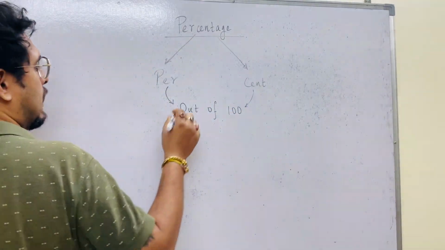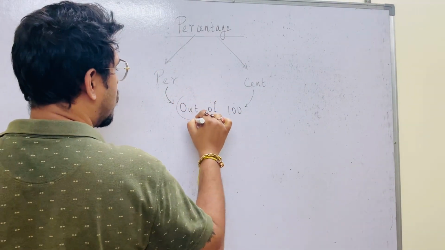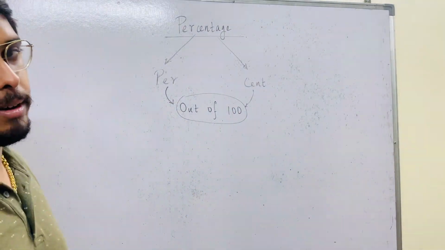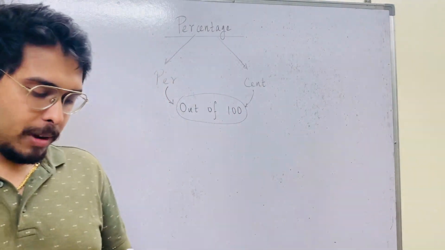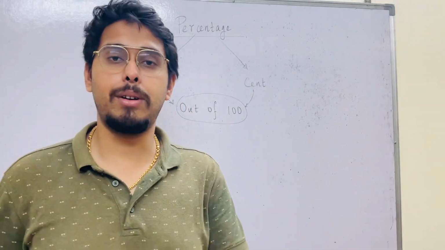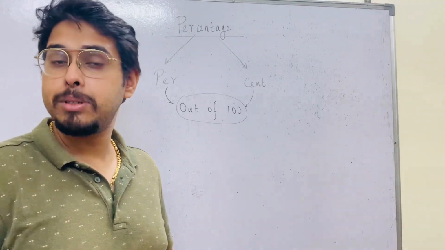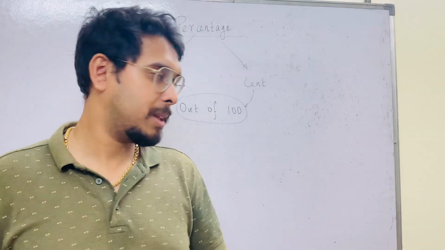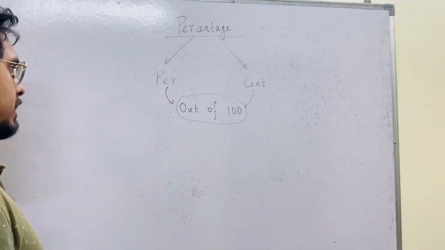So percentage means out of 100. For example, when we say 80%, it means 80 out of 100. When we say 20%, it means 20 out of 100. That is the meaning of percentage.